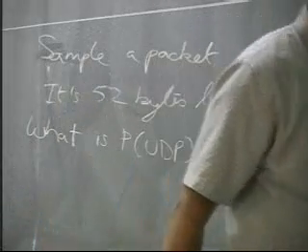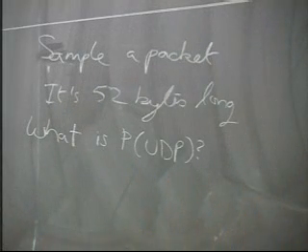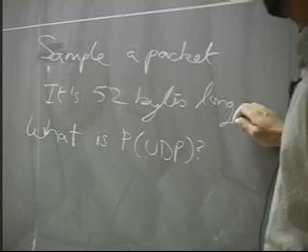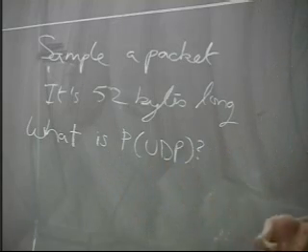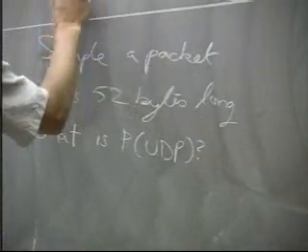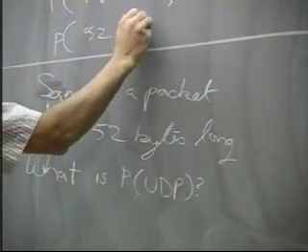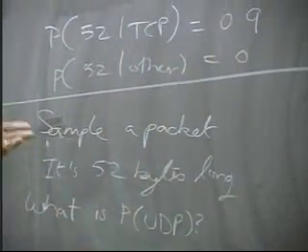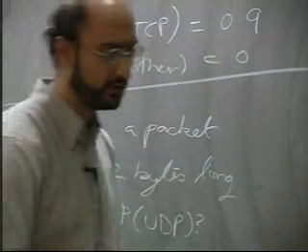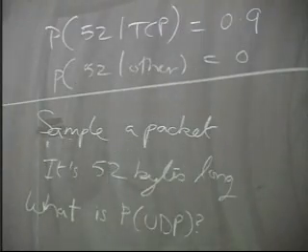So that's what I want to find out. What's the probability that it's UDP given that it's 52 bytes long? So this is the effect, that it's 52 bytes long, and one of the causes is UDP. The other cause, of course, is TCP, right? Now, I need to also say that the probability of 52 given other, let's say, is 0. If it's any of the others, you can know for sure it's not a 52-byte packet.